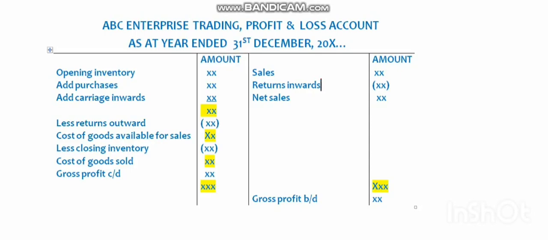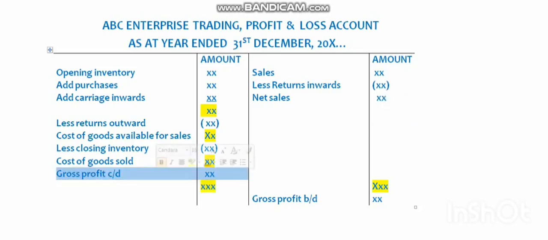Remember, I'm supposed to put less here. You less returns inward, you put it in brackets here, and then you arrive at net sales. The net sales minus cost of goods sold will give you gross profit.